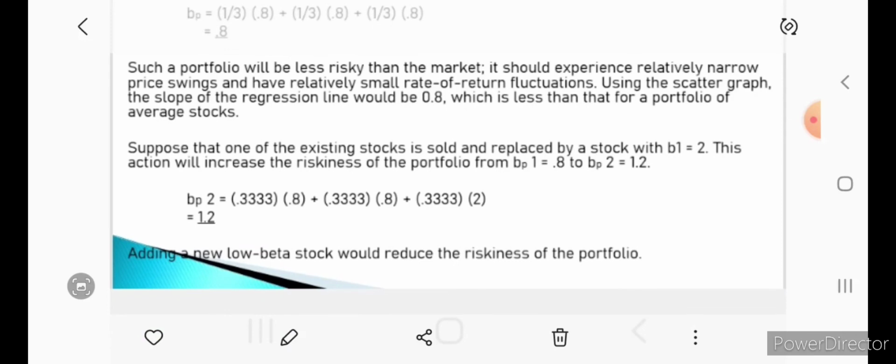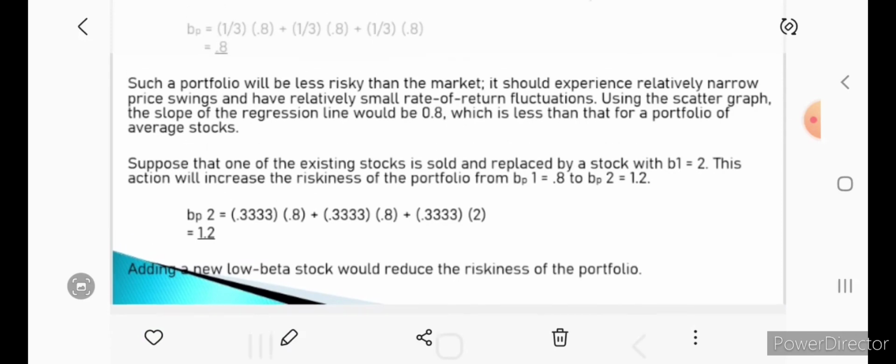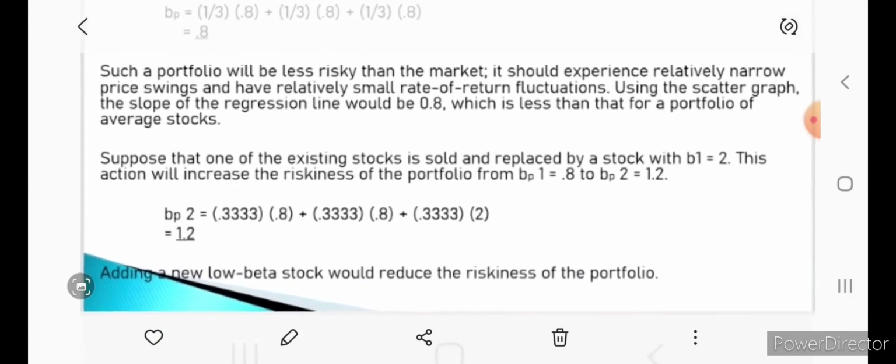Such a portfolio will be less risky than the market. It should experience relatively narrow price swings and have relatively small rate of return fluctuations.